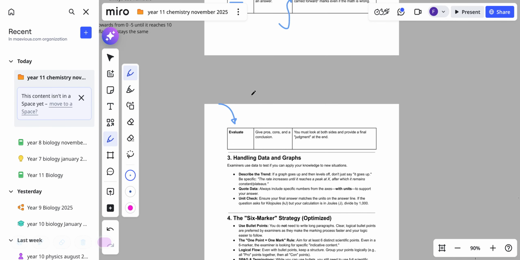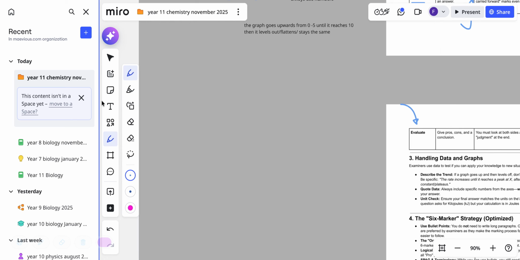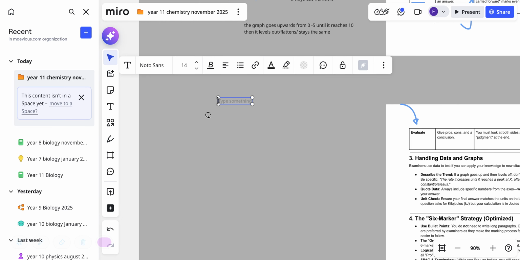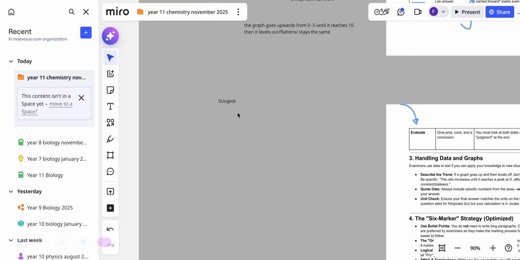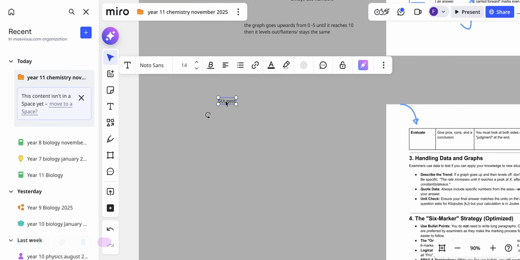There is a word up here that I haven't put down that I like to talk about, which is suggest. The suggest command word is horrible for students, and it's one of my favorite questions to create.